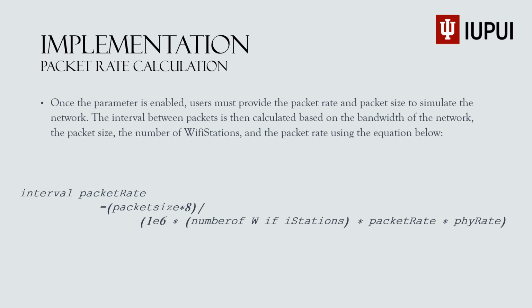Coming to implementation of packet rate calculation, once the parameters are enabled, users must provide the packet rate and packet size to simulate the network. The interval between packets is then calculated based on the bandwidth of the network, the packet size, the number of Wi-Fi stations, and the packet rate using the equation shown below.